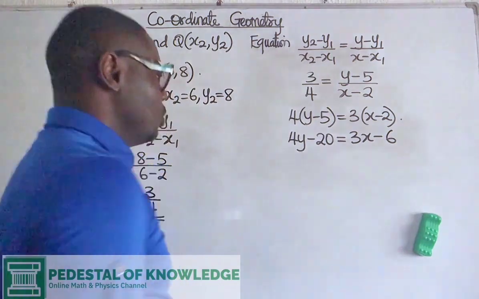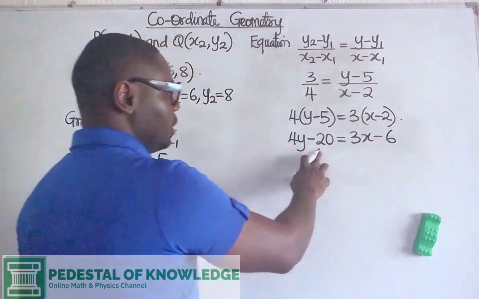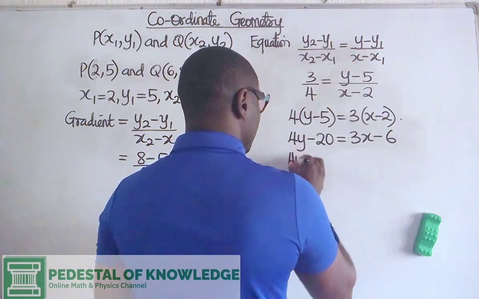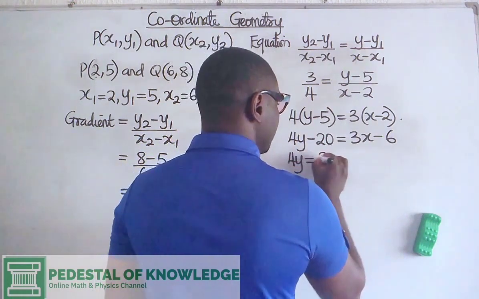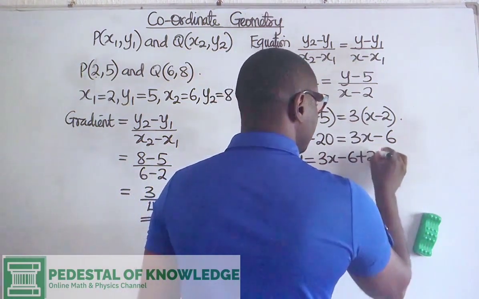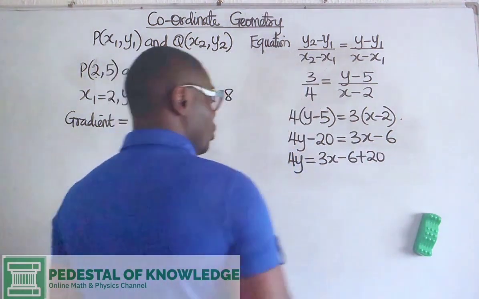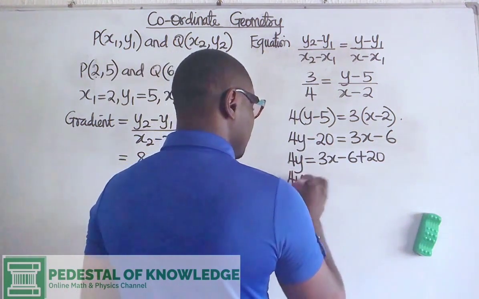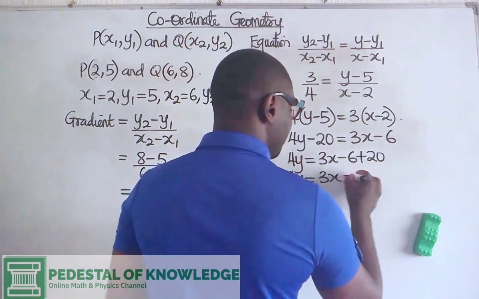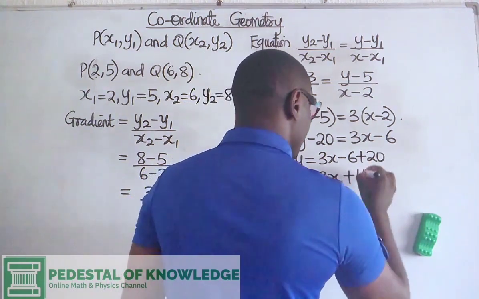All right. So now when we transfer minus 20 to the right hand side of the equation, we are going to have 4y is equal to 3x minus 6 plus 20. All right. So now 4y is equal to 3x. Now minus 6 plus 20 will give us 14.